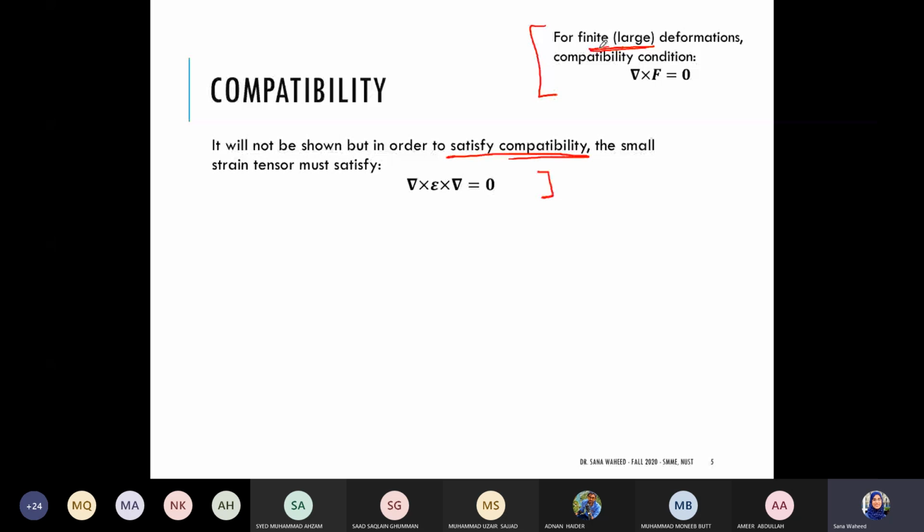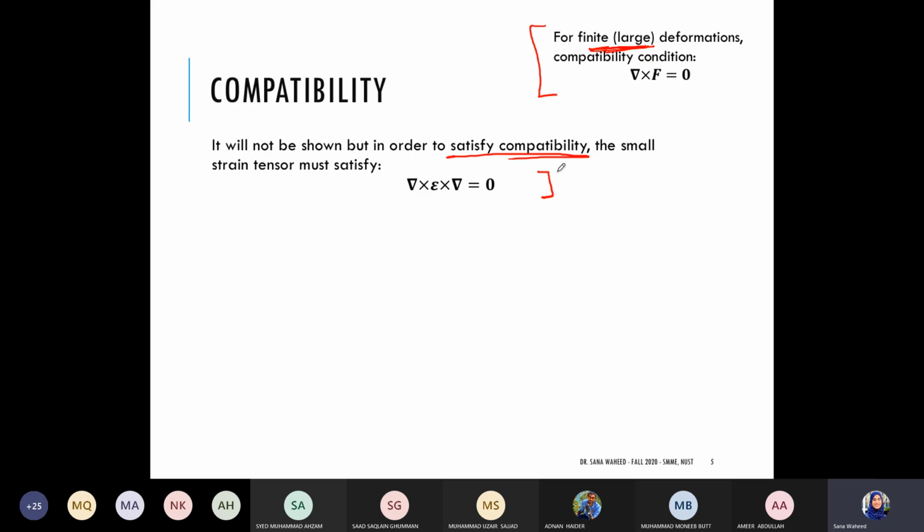And that is just that the del crossed with F must be equal to 0 for the case of large deformations. Now, of course, this is the more general result; large deformation results also apply to small deformations, whereas the small deformation result is more specific than this one.